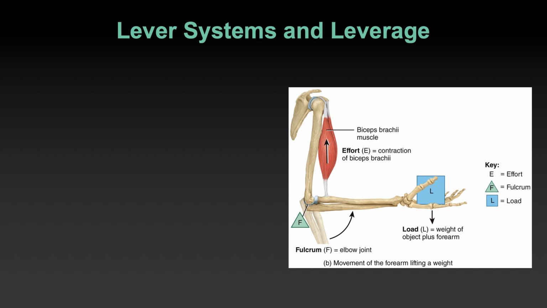Whether movement occurs only depends on force. So, does the muscle produce enough force to overcome whatever force is in opposition? Does the muscle produce a greater force than the force that opposes movement at that joint?